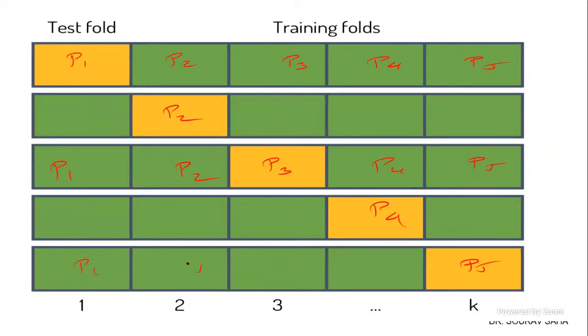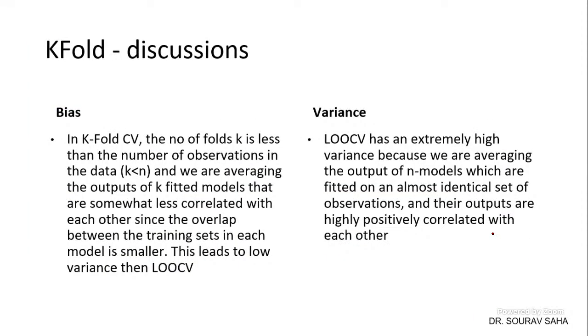In the other case, P1, P2, P3, P4 are used for training, and P5 is used for testing. Here, five-fold cross validation has been used, so the modeling process happens 5 times, each is tested on the unseen data, and then we average out the performances.